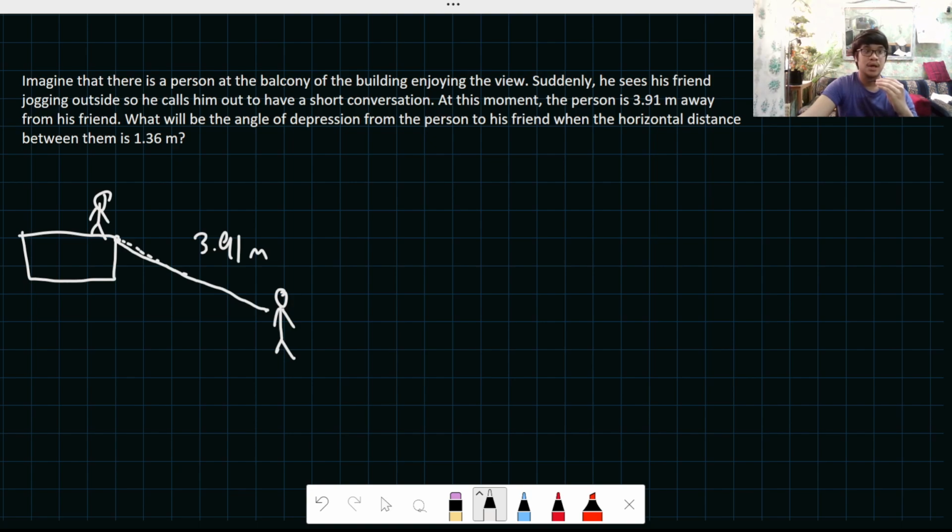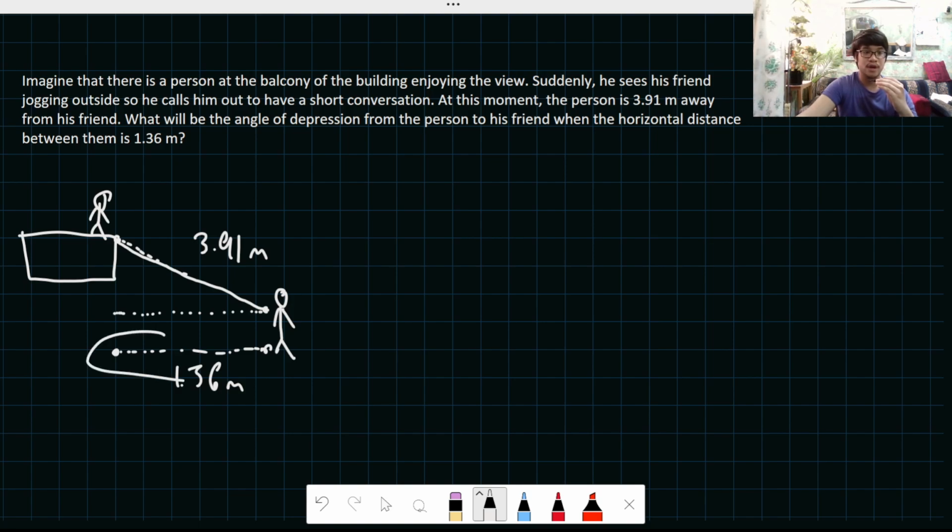Then the goal here is we're going to find the angle of depression when the horizontal distance between them is 1.36 meters. So let's just say that here the horizontal distance is 1.36 meters. Now here, what will be the horizontal distance between them? It's the same as the horizontal component of this diagonal line.